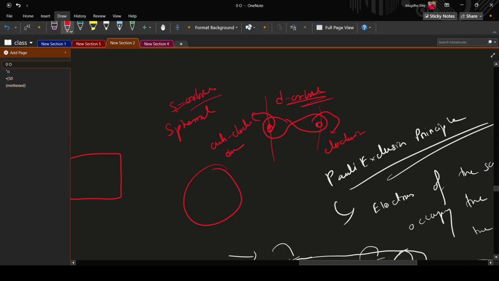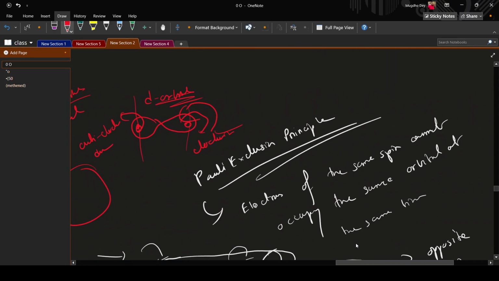So you can say this electron rotates clockwise, and with the induction of radio waves, it starts spinning anti-clockwise, like this one. Did you understand?